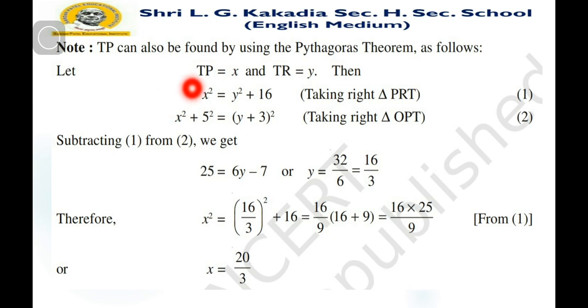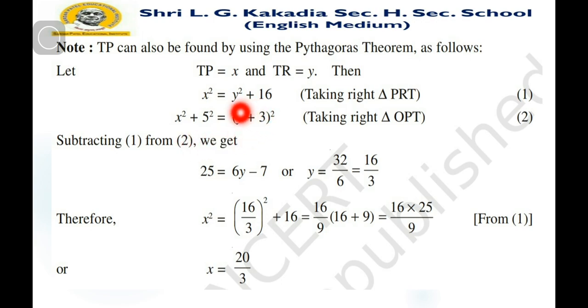Let TP be x and TR be y. In triangle PRT, x square is equal to y square plus 16, and in triangle OPT, x square plus 5 square is equal to (y plus 3) all square.